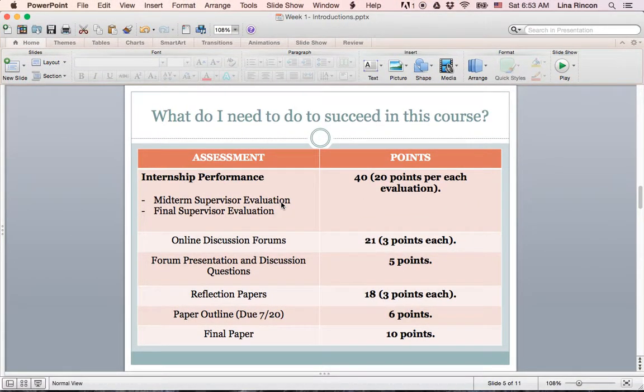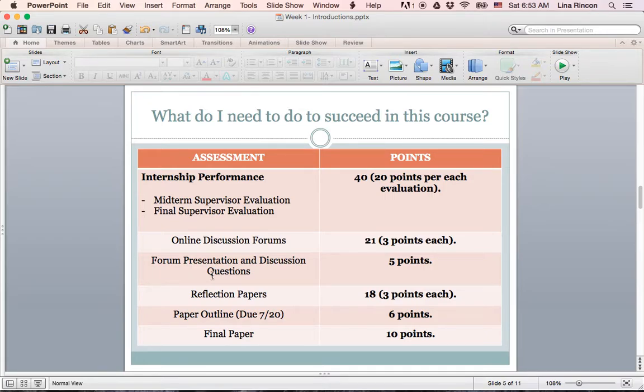You'll see that we're going to alternate. One week we're going to have an online discussion forum, but a different week we're going to have reflection papers, and I'll talk about those in a second. So that's our 21 points of your grade. Then we move on to forum presentation and discussion questions. At this point, we have 8 students enrolled in the class, but we may have more.